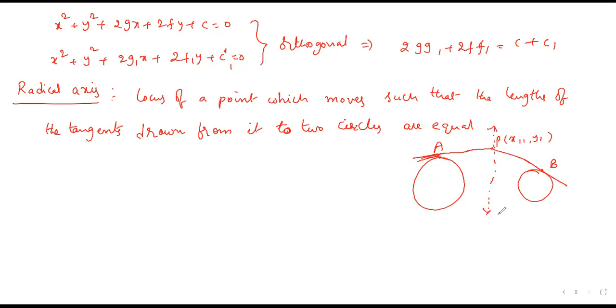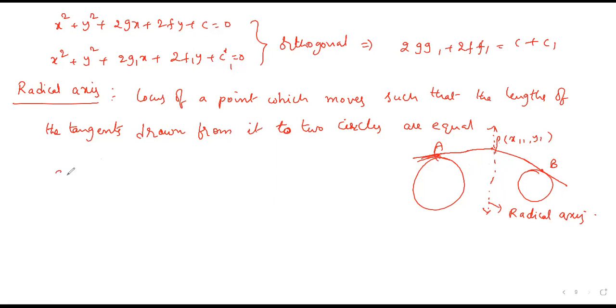If all these points lie on a line, that line is called the radical line or radical axis. The PA length and PB length are equal.